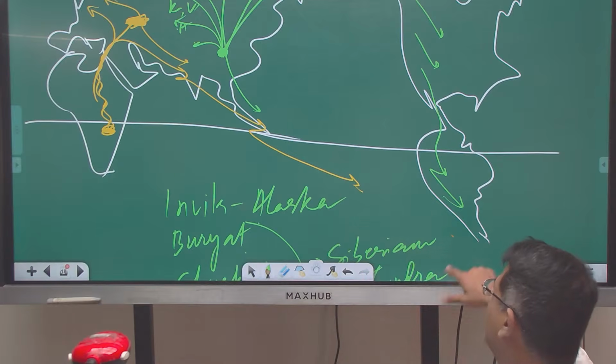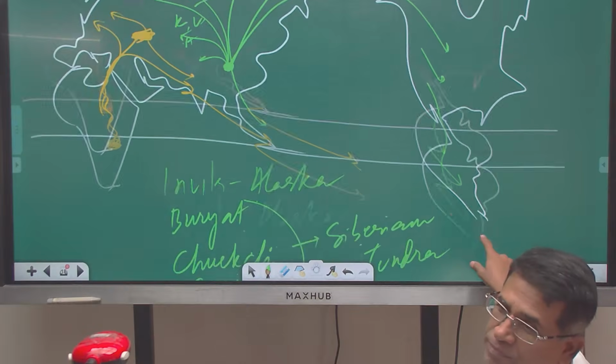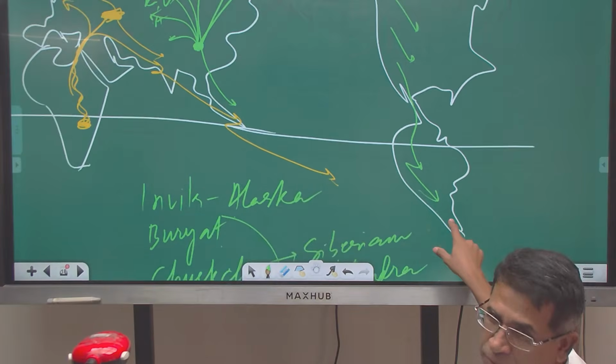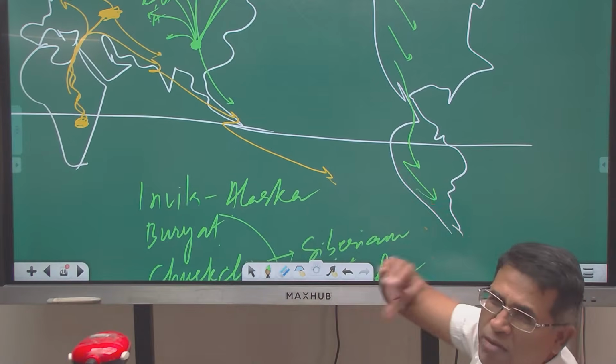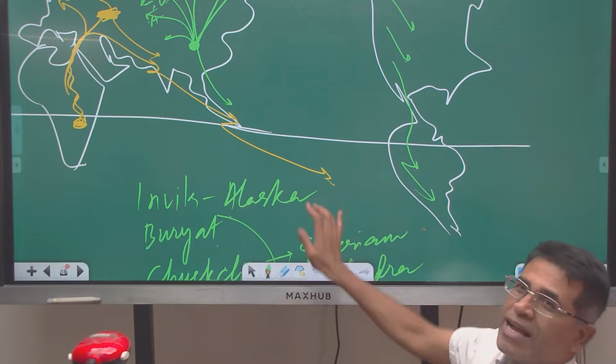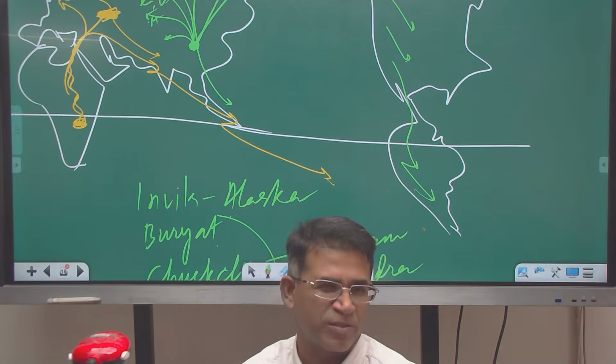Today, European race is 100% of Argentina. European race is almost 100% of Chile. Okay. Incas of Peru are much, much lesser. But there was a time when South America was actually Mongoloid races, not what we see as European races.